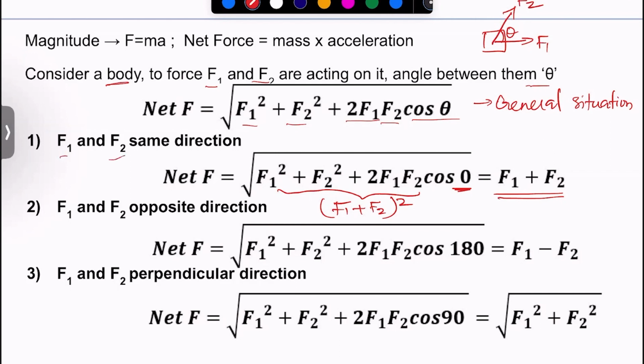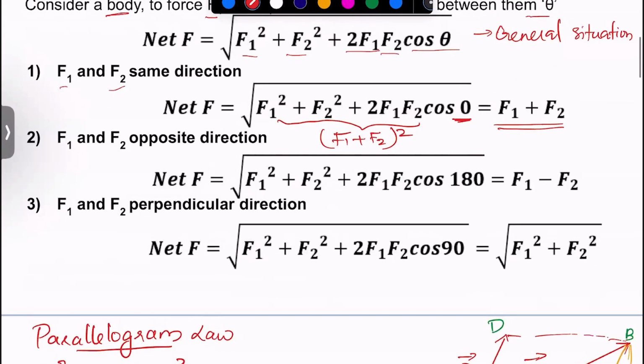Now you have another situation where two forces F1 and F2 are acting in the opposite direction, F1, and this is F2. Okay, now the angle between them is what? 180 degrees. So cos 180 becomes what? Minus 1.